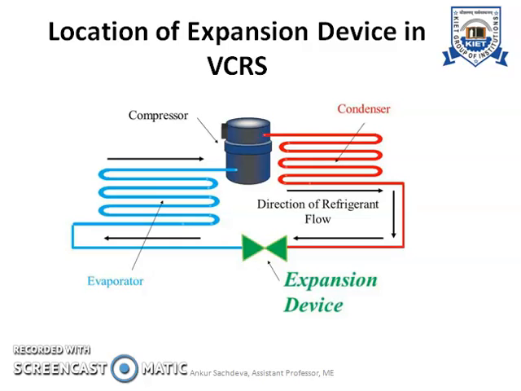Now as far as the location of the expansion device is concerned, we know that expansion devices are generally installed between the condenser and the evaporator, as you can see over here. So the circuit, once again I am repeating the direction of the movement of the working fluid in the vapor compression refrigeration system.